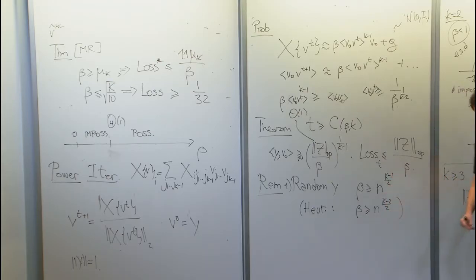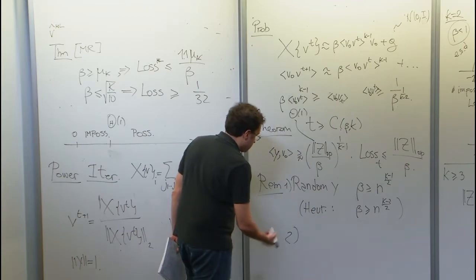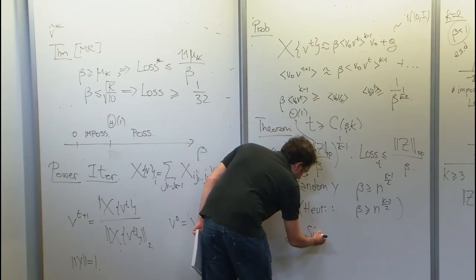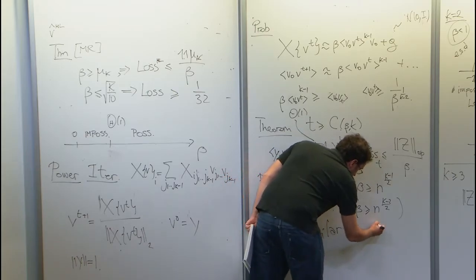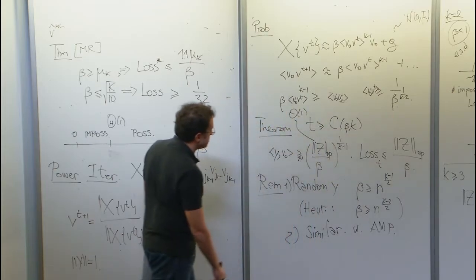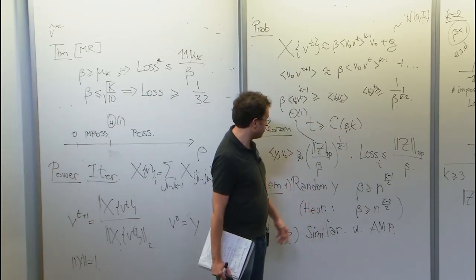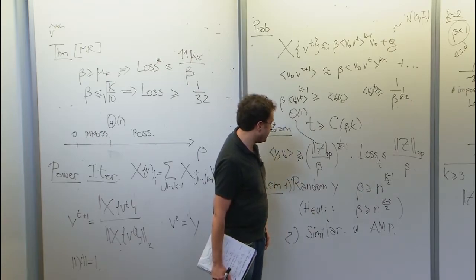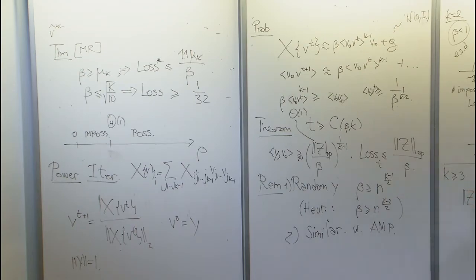I think this is the correct result. Similar results can be obtained with what we call approximate message passing algorithms. That is a sort of glorified power iteration in which we can do some tighter analysis in the limit, so we can get all sorts of constants.